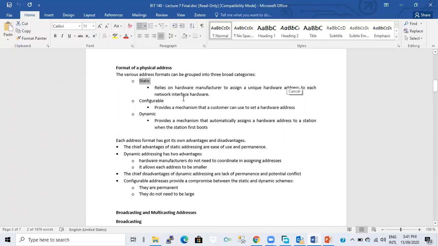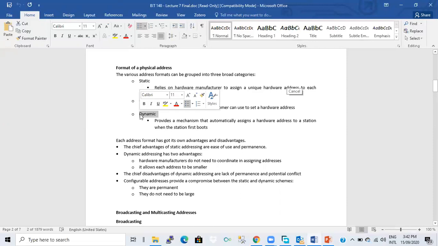We also have what we refer to as configurable MAC addresses or physical addresses. These are physical addresses that you can use in a simulator. If you've used simulators before, like the one they use for Cisco, which is called Packet Tracer, you find that Packet Tracer comes with what are called configurable physical addresses. You also have addresses that are called dynamic physical addresses.